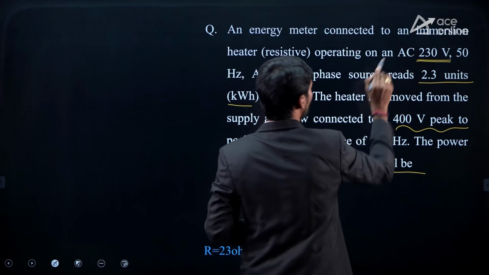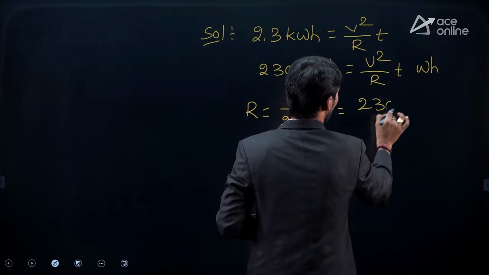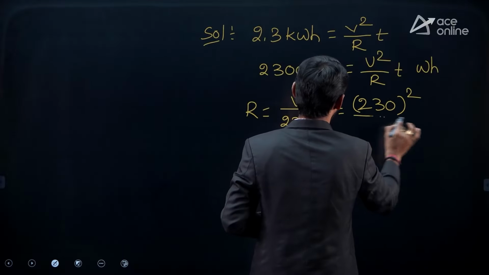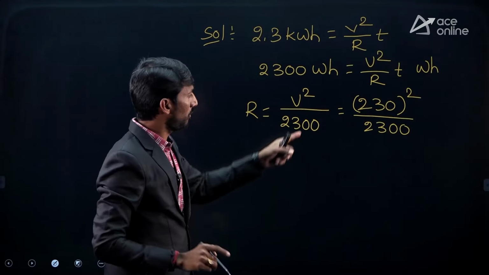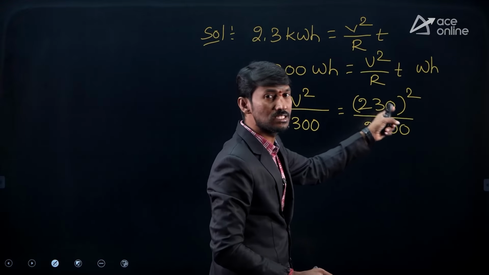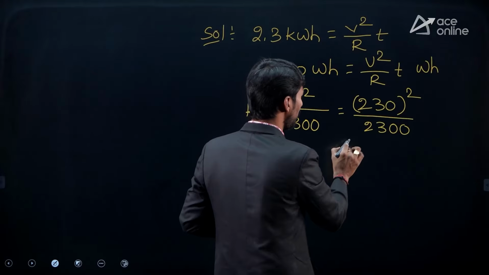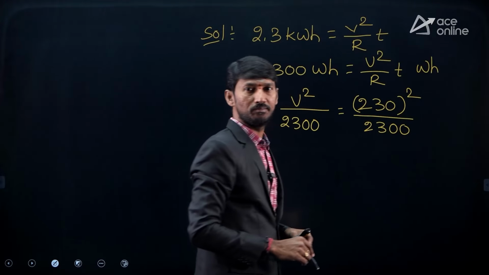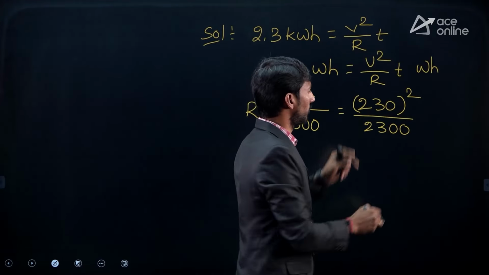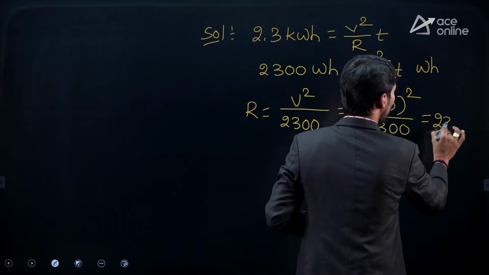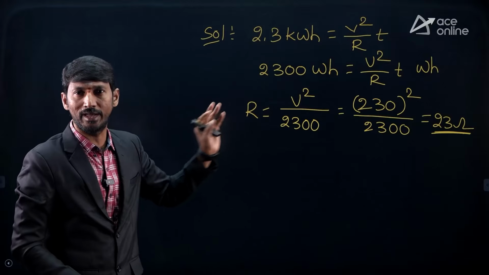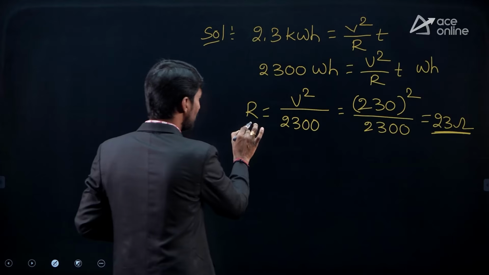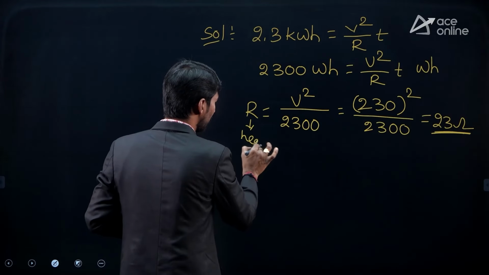What is V? 230 square by 2300. Don't make it complicated like 230 square multiplied, don't cancel. Simply 230 into 230, 2 zeros and 1, 2, 3 will be cancelled. So directly 23 ohm. Always save the time, at least in a few calculations. Okay, this is the resistance of heater.